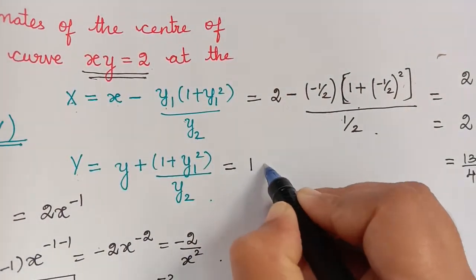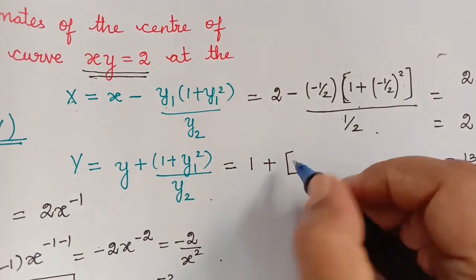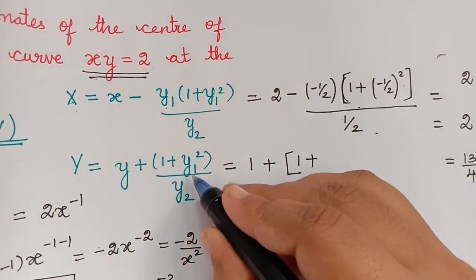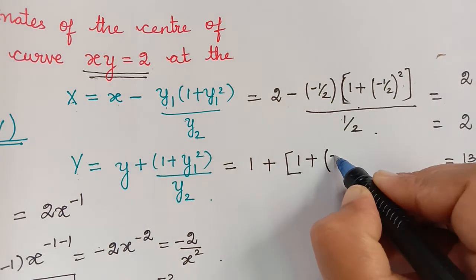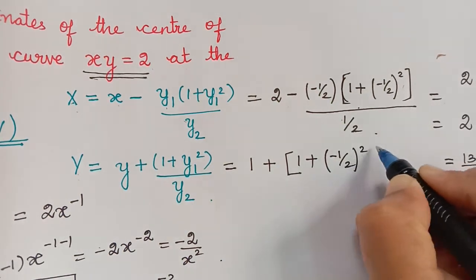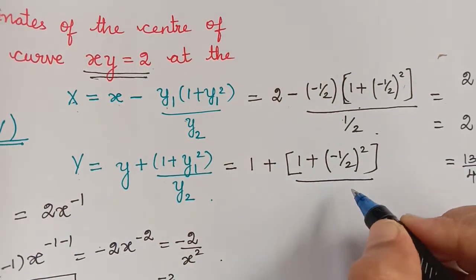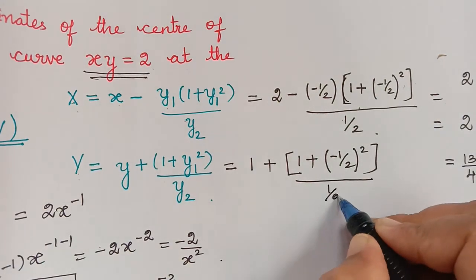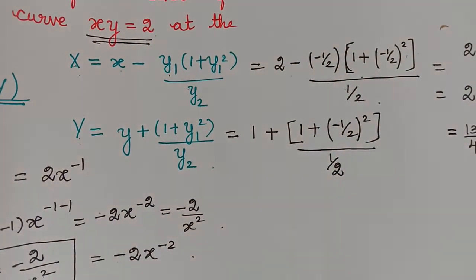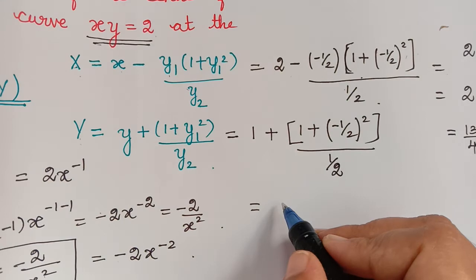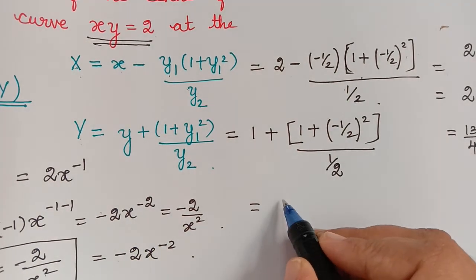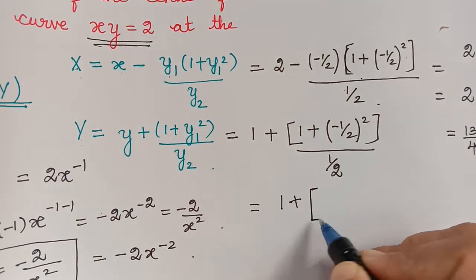So 1 plus, and here we will be having 1 plus y1 square. So again the same, y1 is minus 1 by 2 square divided by y2. y2 is 1 by 2, and so that will be equal to 1 plus, we will simplify this.